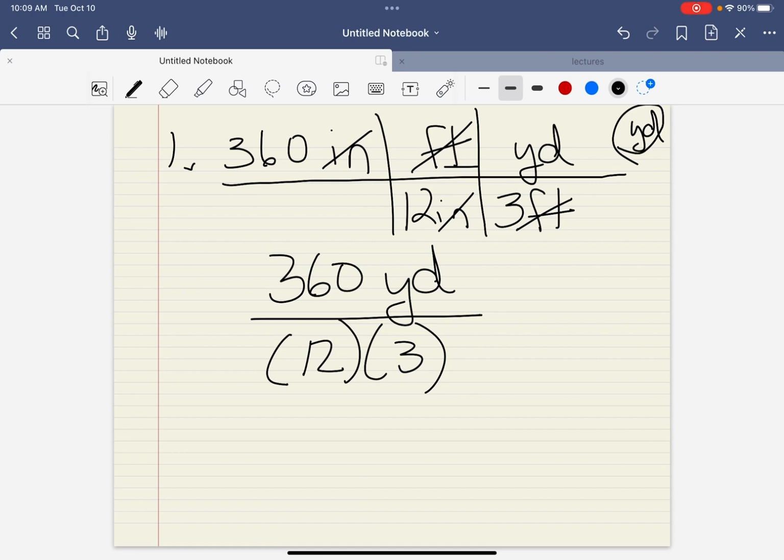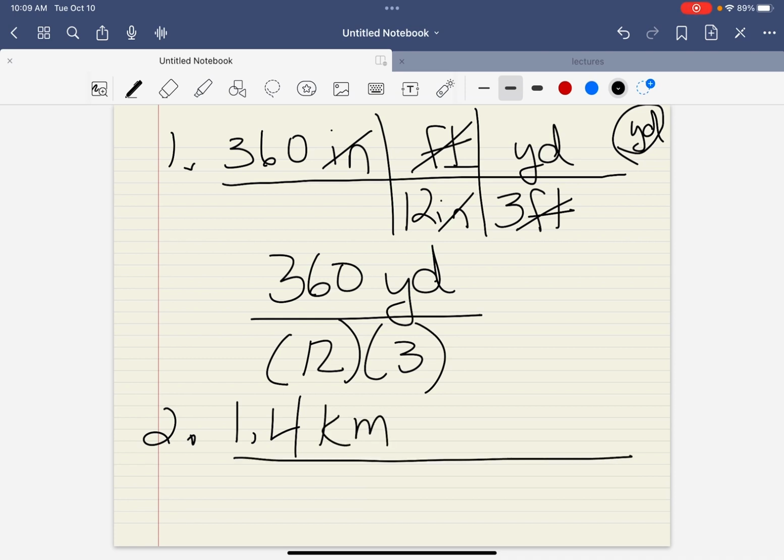Okay, the next one says use 2 unit multipliers, so it's telling us how many we need to use to convert 1.4 kilometers to centimeters. All right, so in a kilometer, that's the big one, so we know it's gonna have something that goes into a kilometer.